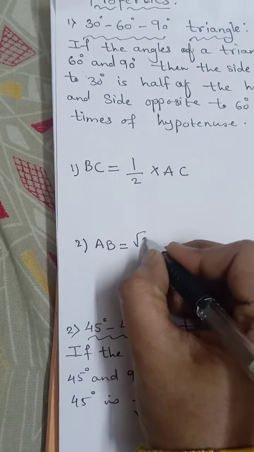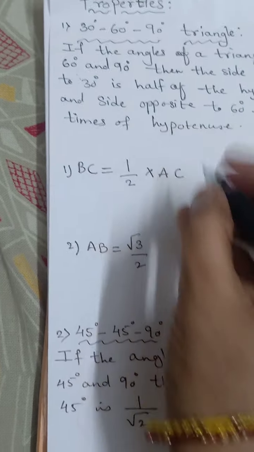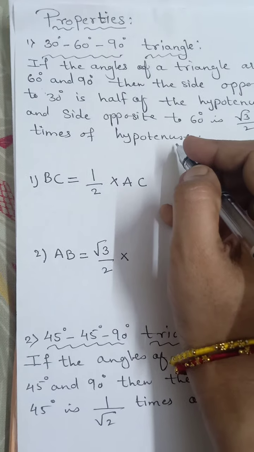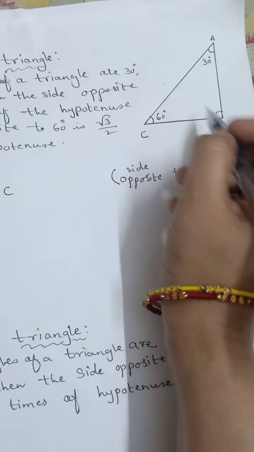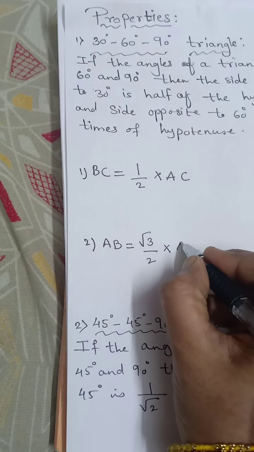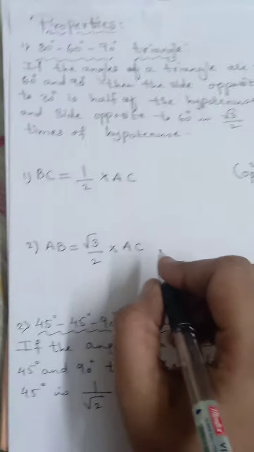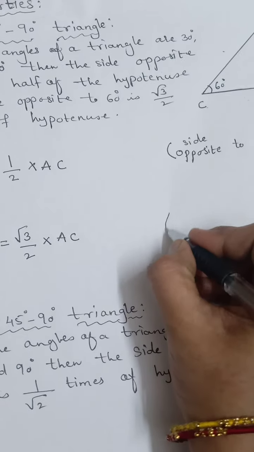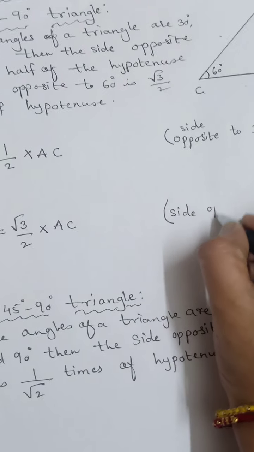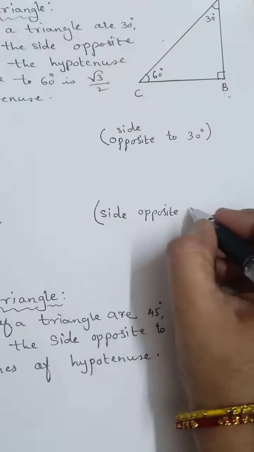Times or of, both are nothing but multiplication. Then hypotenuse. Again hypotenuse is the side opposite to 90 degree, and in this triangle hypotenuse is AC. So AB is root 3 upon 2 into AC, and whenever we take this we will write here side opposite to 60 degree.